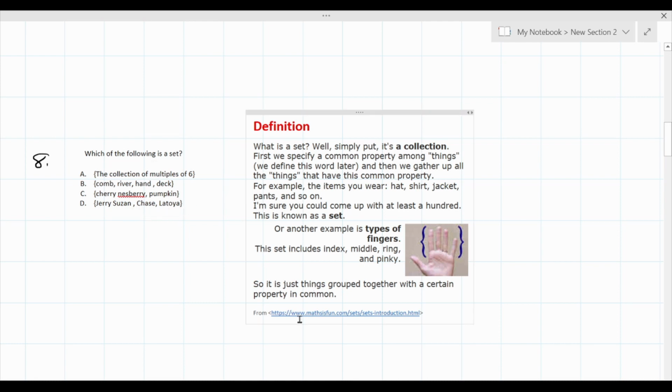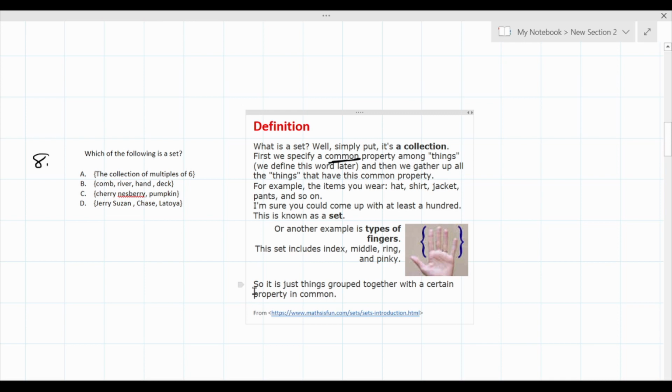Now I just went to this website, mathisfun.com, to look for the definition of a set. What is a set? Well, simply put, it's a collection. Firstly, we specify a common property. Pay attention to this, that says the common property among things, right? So in order for us to really define them as a set, they need to have something in common.